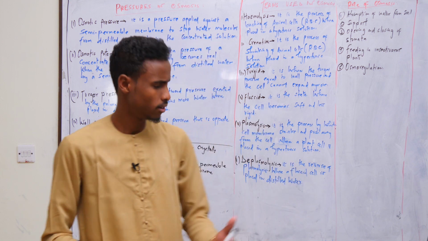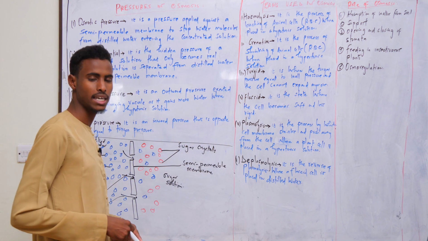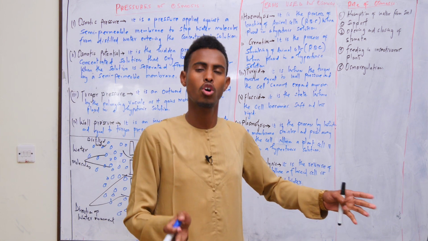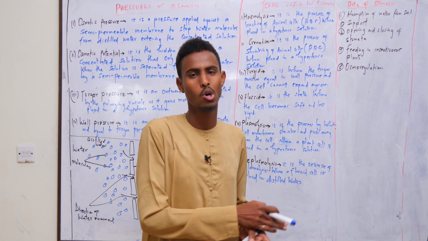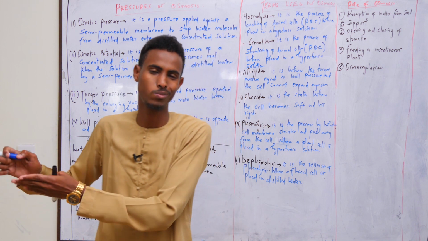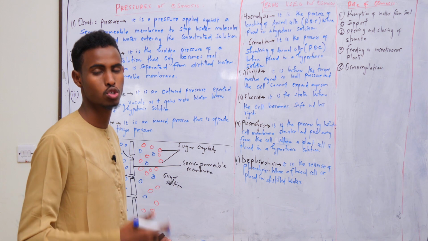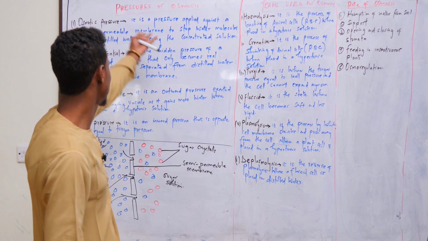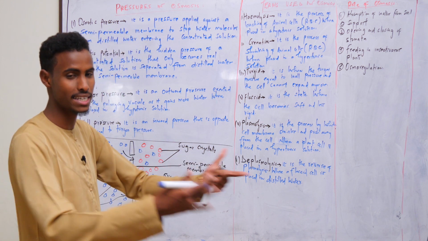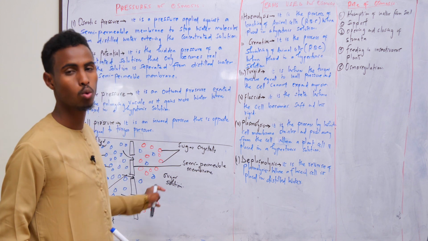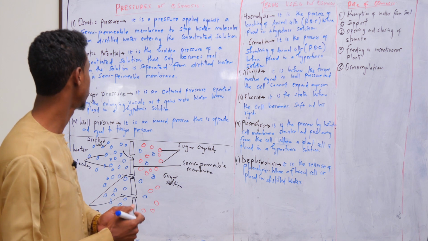In a nutshell, osmotic pressure basically means a pressure that is against osmosis from taking place, or rather stops osmosis from taking place. Very good. You can define it as a pressure applied against a semi-permeable membrane to stop water molecules from distilled water from entering a concentrated solution.